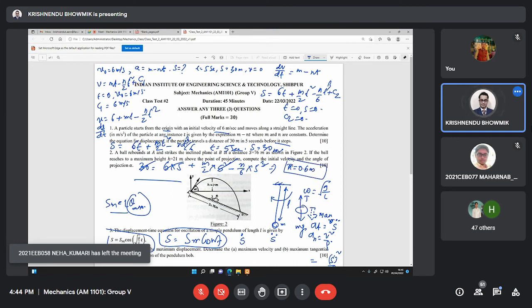That relationship we got. Now when t equal to 5 second, velocity will be 0. So 0 equal to 6 plus 5 times m minus 5 by 2 n.